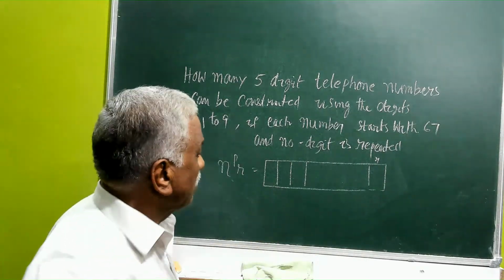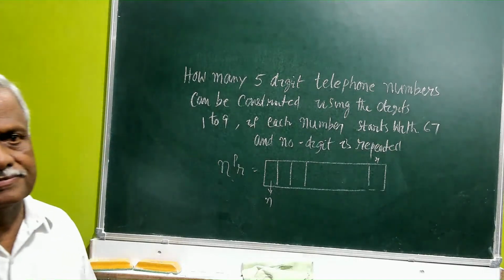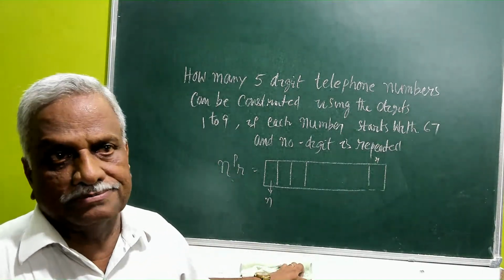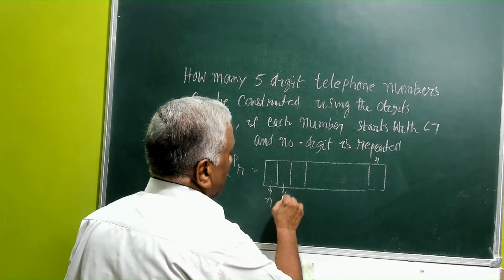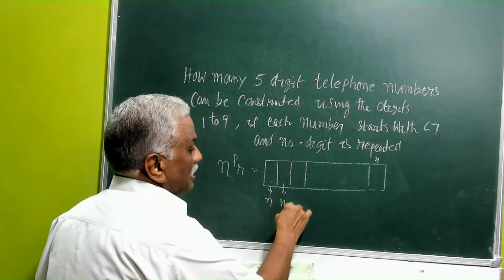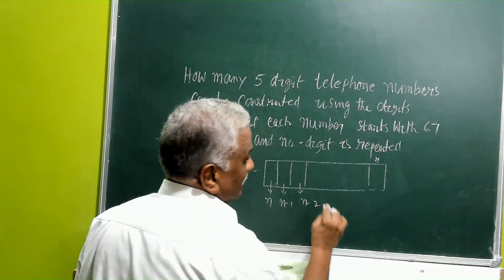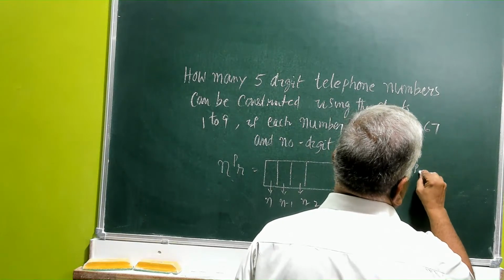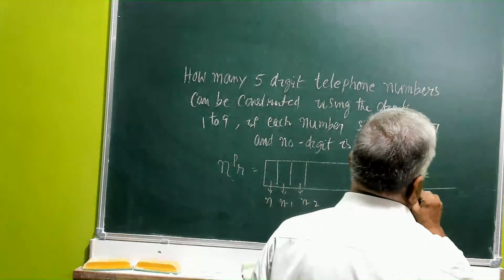So when I go to the first box, I can fill this in n ways. Out of n things, one is already used, so I am left with n minus 1. Therefore, I can fill the second in n minus 1 ways. The third is n minus 2. That is why when we say 7P3, it is filling 3 boxes.